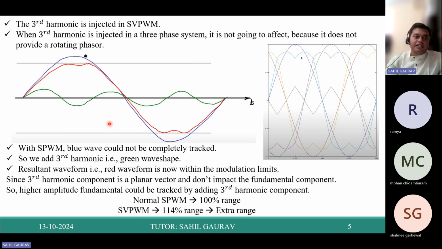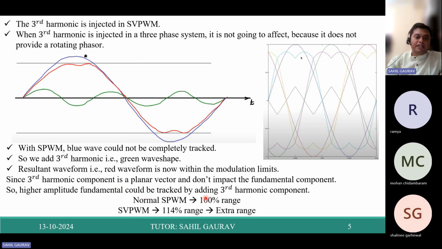So we add the third harmonic, the green shape, and the resulting waveform becomes the red one, which is now within the modulation limit. The gray line is the maximum limit of modulation. So we are tracking the actual signal by injecting the third harmonic wave at the same DC voltage.